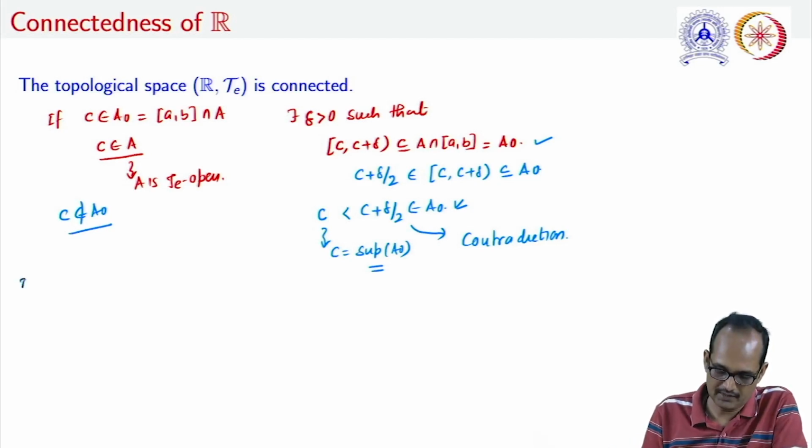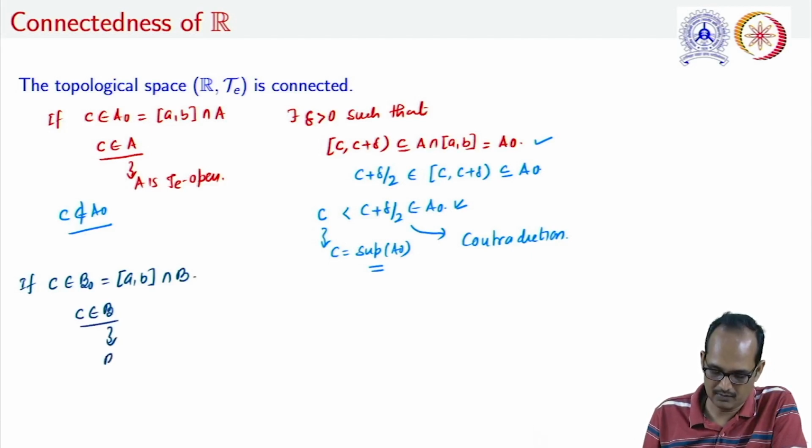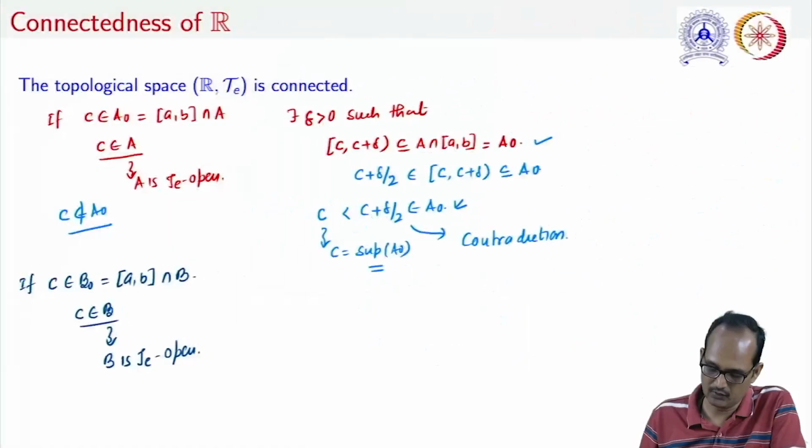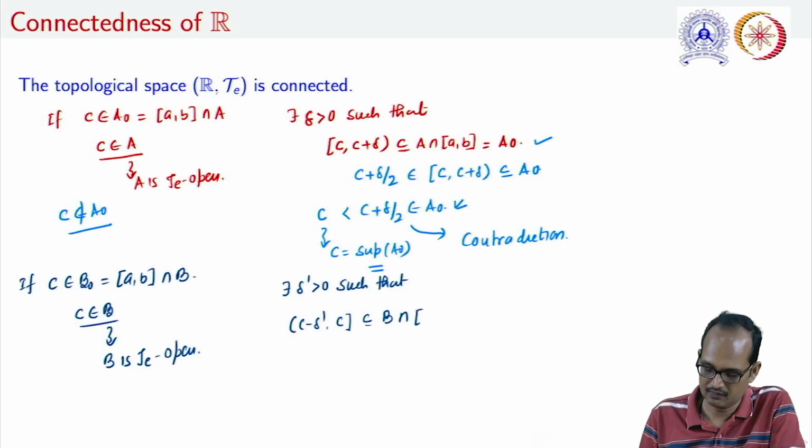Now, if we are taking C as a member of this B naught, and B naught is nothing but the intersection of this closed interval AB with B, it means that C is an element of this B, and what is this B? B is an open set. So, similar to the justification we have done here, we can conclude that there exists some delta dash greater than 0 such that this C minus delta dash, C is a subset of B intersection AB, which is nothing but B naught.